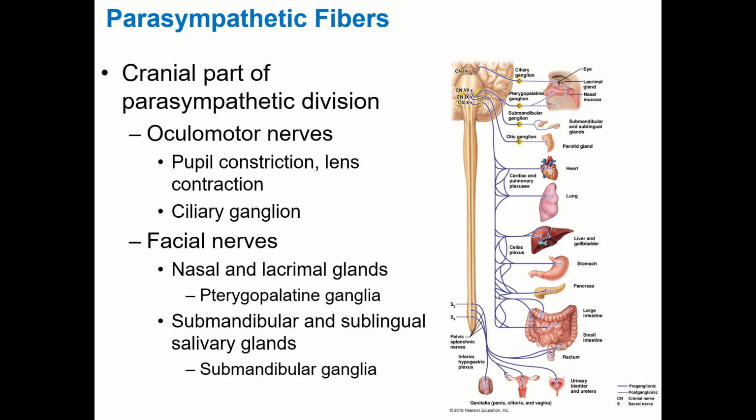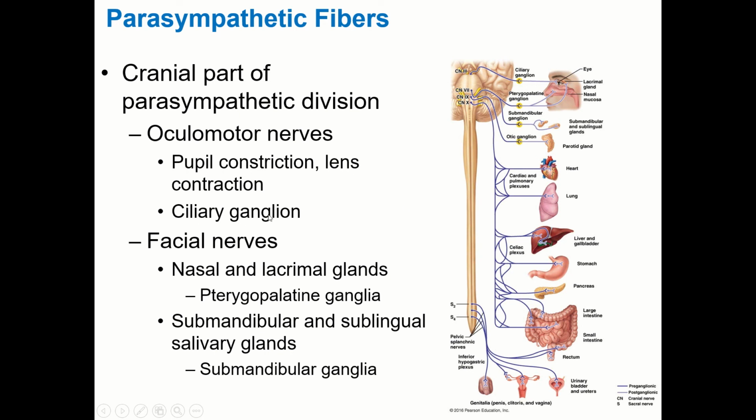So in the case of the third cranial nerve, you're going to have some cell bodies that sit in the brainstem, and then its axon is going to run in with cranial nerve 3, and then that pre-ganglionic neuron is going to synapse in something called the ciliary ganglion. And then it's going to relay its signal to the post-ganglionic fibers, and then those will interact directly with the smooth muscle of the eye.